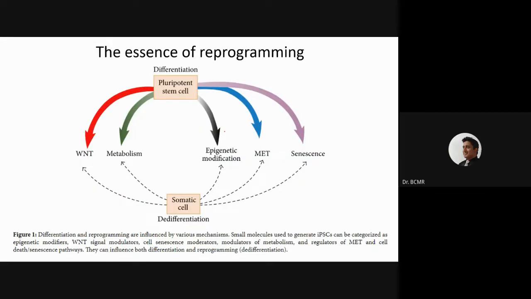So essentially, reprogramming is mostly about epigenetic modification. The majority of them come under epigenetic modifications. This is mesenchymal epithelial transition, and also senescence, cells getting old, and so on.